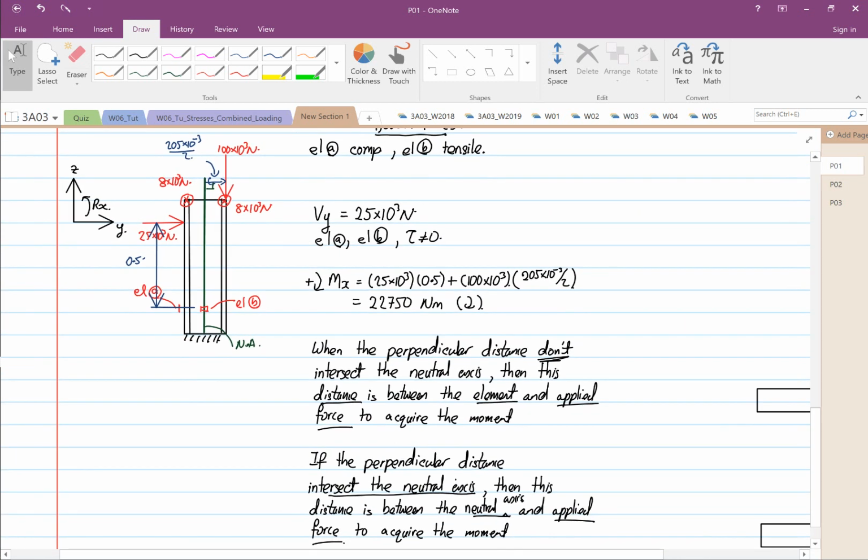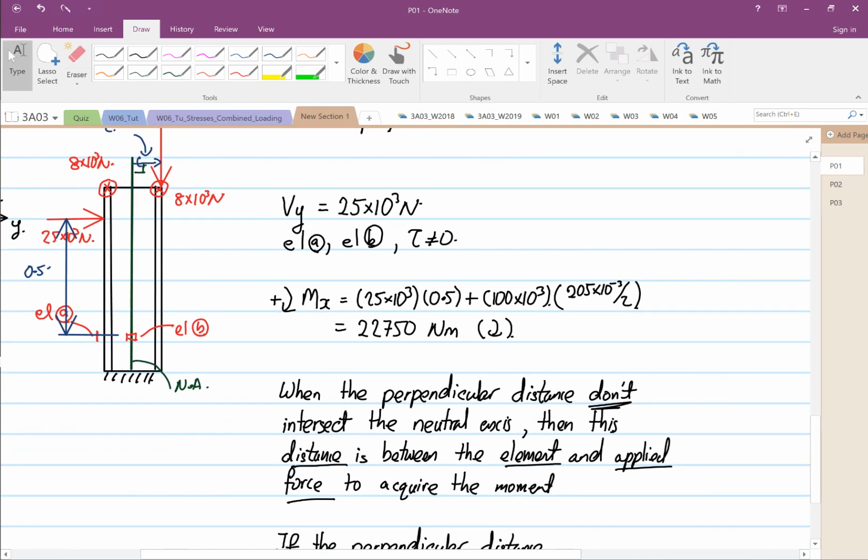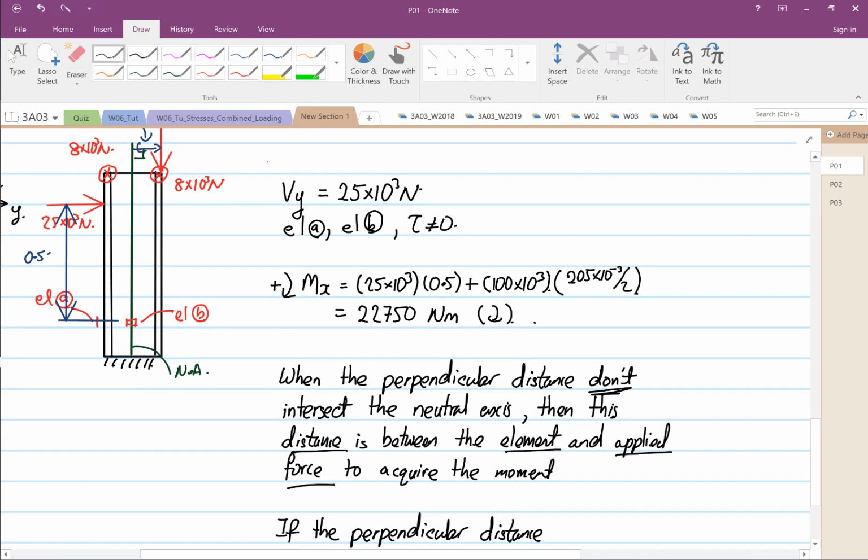I'll come back. So we have more or less completed our analysis. Oh, I forgot something. Okay, so from here we know that element A will be under tension, and element B, the distance is as good as equal to 0, because it's on the neutral axis.